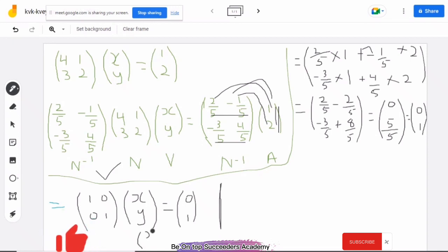Like 7 by 1 is 7. That identity matrix acts like 1. Any number multiplied by 1, you get back the number. 9 ones are 9. That's technically what it does. So again, the final answer for x is going to be 0 and the answer for y is going to be 1.